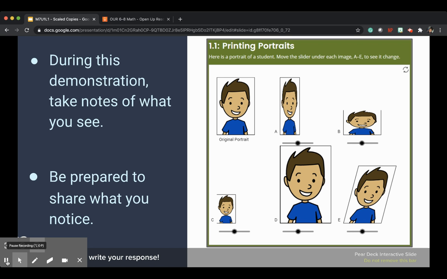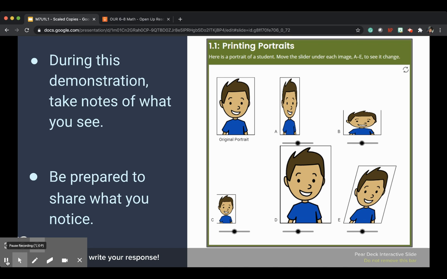Now, this is important. I want you guys to write this in your notes. I want you to write: a scaled copy is a copy of a picture that changes in size but does not change in shape. I'll repeat it. Again, we're writing this in our notes as a definition.